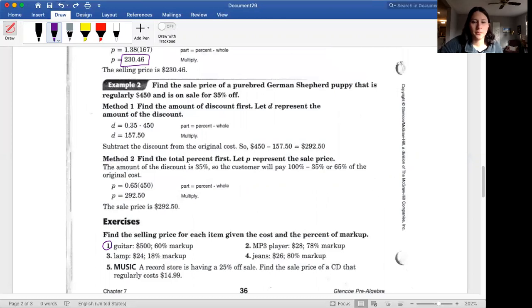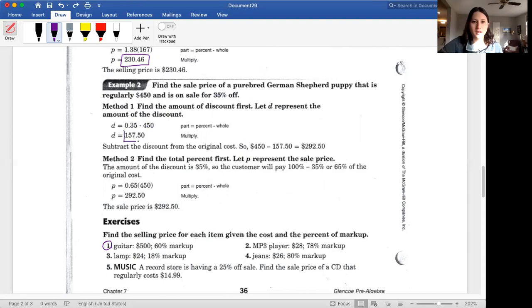Example 2 here. Find the sale price of a purebred German Shepherd puppy that is regularly $450 and is on sale for 35% off. So what we're going to do is find the amount that's discounted. We're going to turn our percentage into a decimal and multiply that by the original price. So 0.35 times 450.